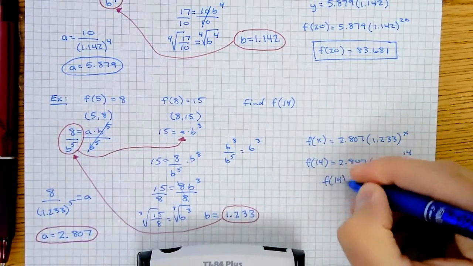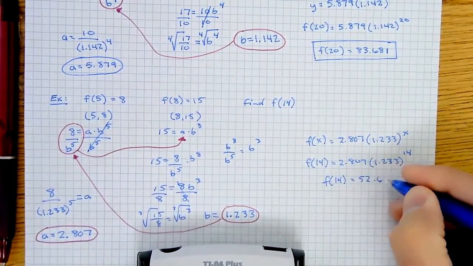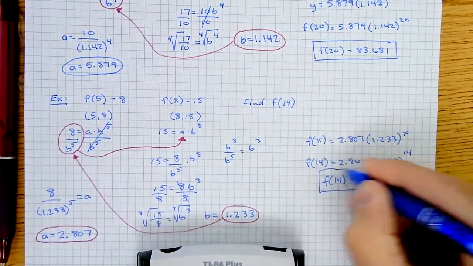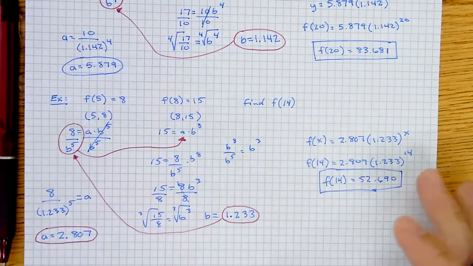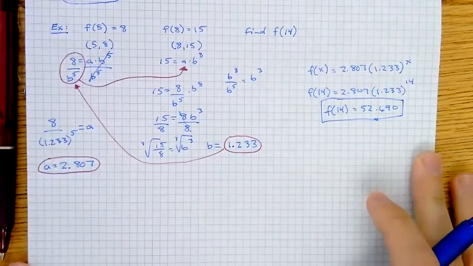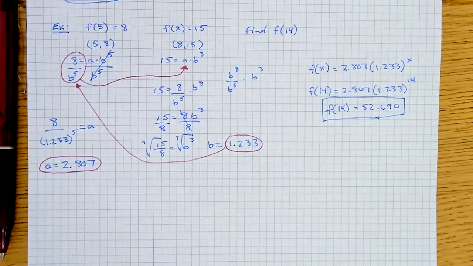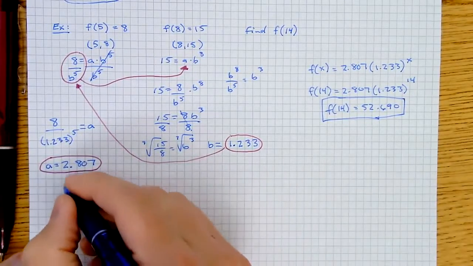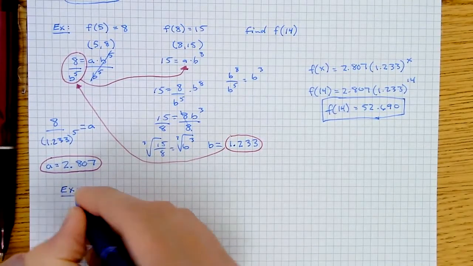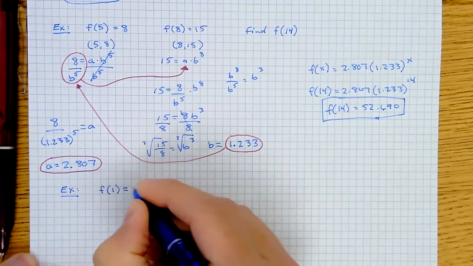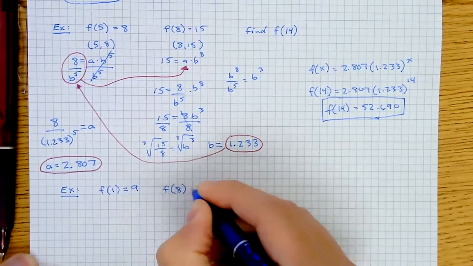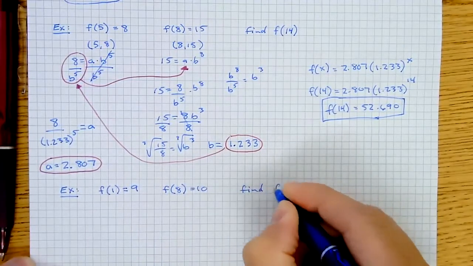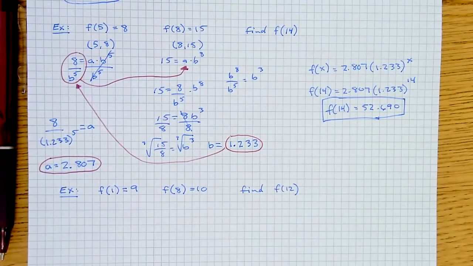We get a value of about 52.690. All right, try this one on your own.